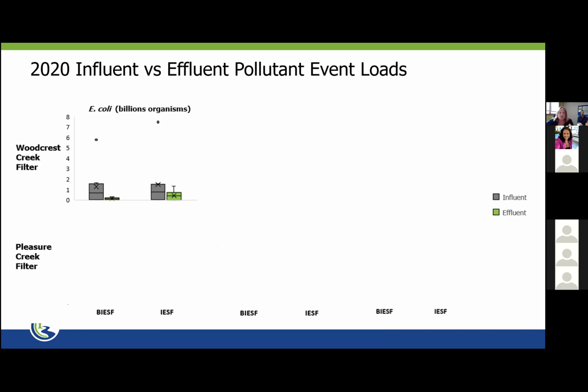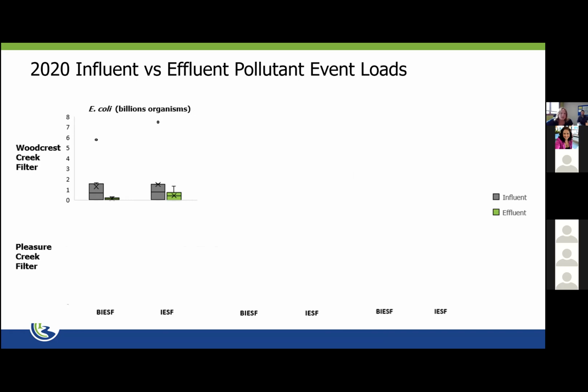So what I'm going to show here is a panel of graphs where, so this is the Woodcrest filter. This is just E. coli, and we have the biochar side and the iron side, and these are individual event loads as these bar charts. So here the untreated water is gray, and then the green is treated water.